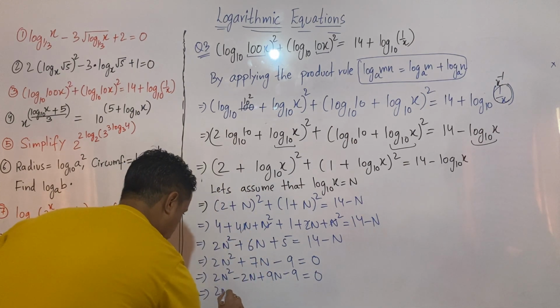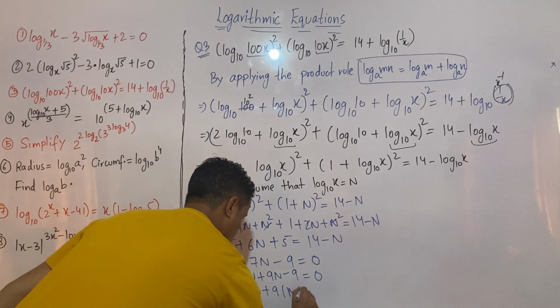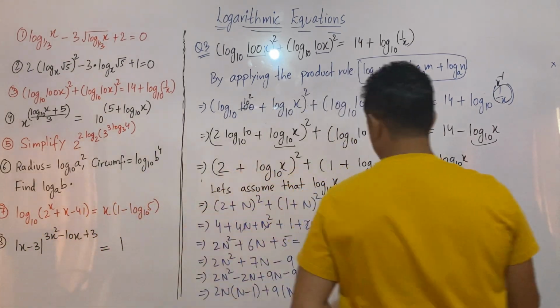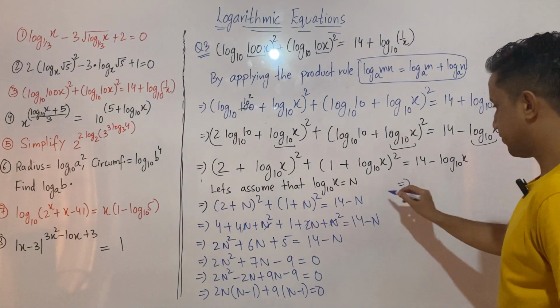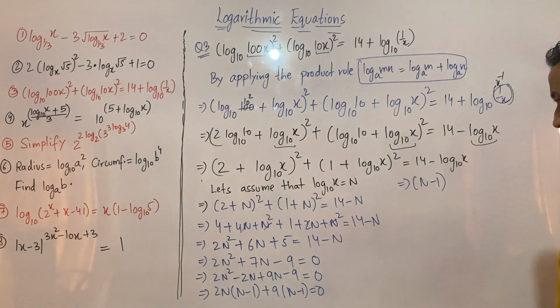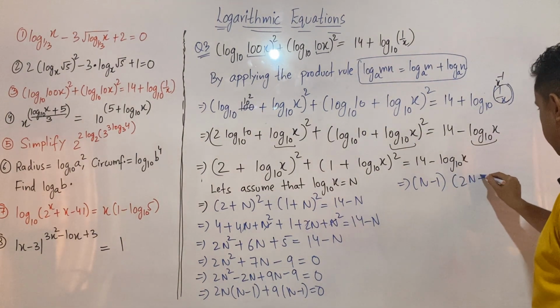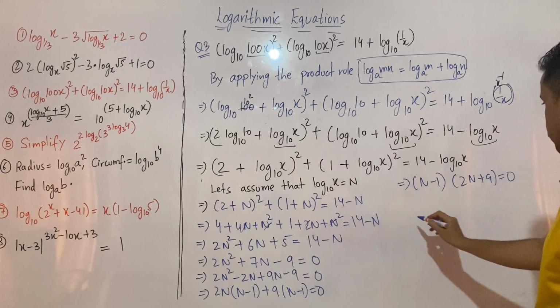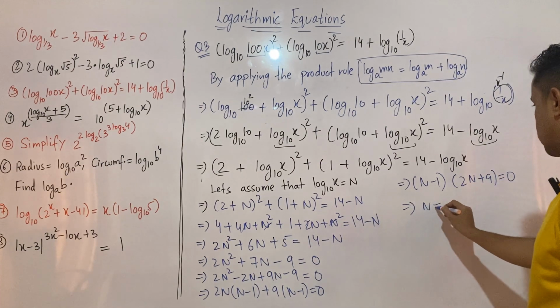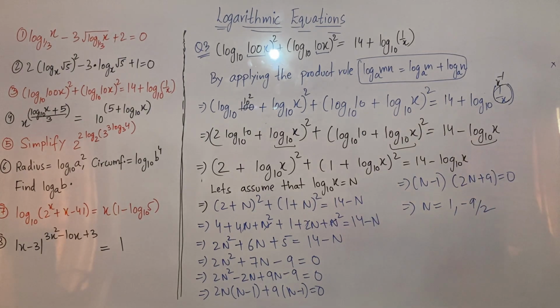So 2n common, n minus 1 plus 9 common, n minus 1 equal to 0. So again, what we will get from here: the factors are going to be n minus 1 and 2n plus 9 equal to 0. So n is going to be 1 and minus 9 by 2, right?